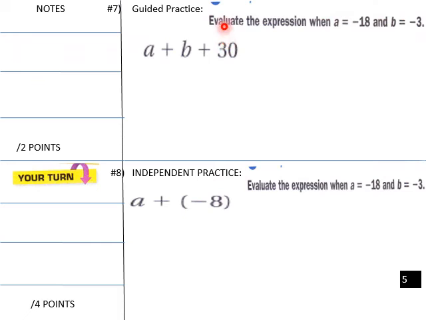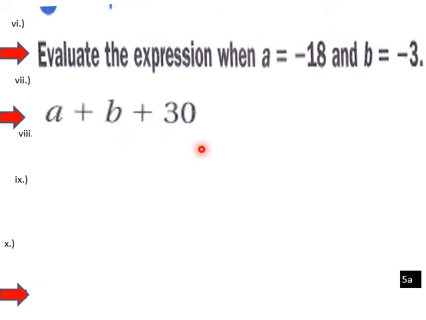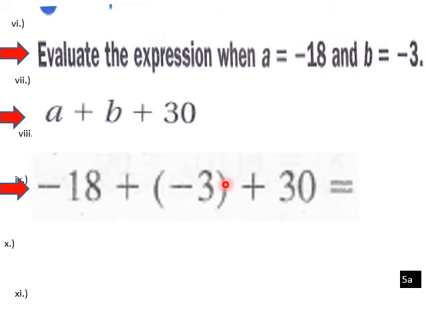So let's try one here. Evaluate this expression when a equals -18 and b equals -3: a plus b plus 30. Students, this is yours down here. Let's do this one up here. So the guided practice: a equals negative 18, b equals negative 3, a plus b plus 30. So negative 18 plus negative 3 plus 30.